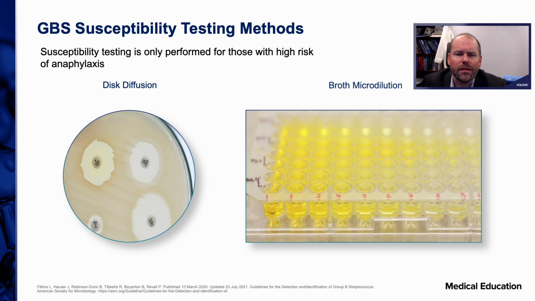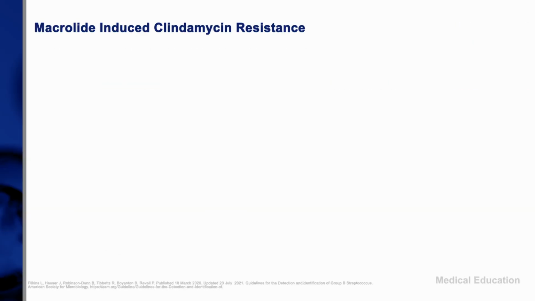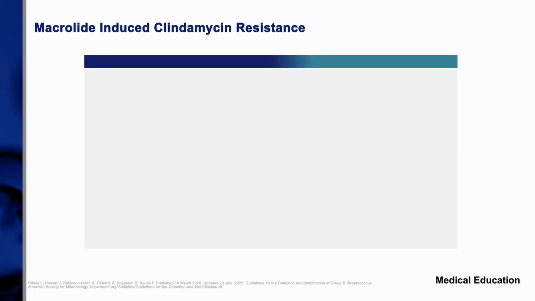And I think importantly, when you think about how to work up group B strep, a really important point to consider is macrolide-induced clindamycin resistance. Why this is really important is because clindamycin is the first fallback for penicillin.